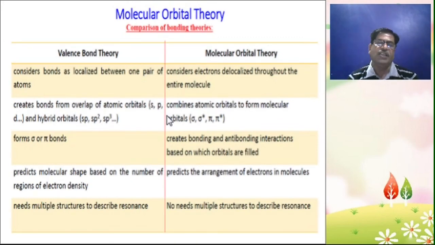Both theories explain that because of covalent bond formation, the electron charge density increases between two nuclei. And the last similarity: both theories indicate the directional properties of covalent bonds.